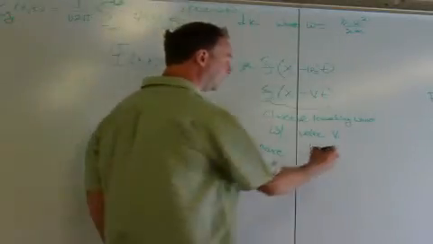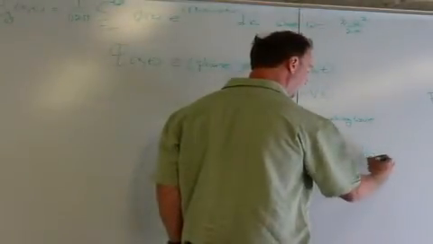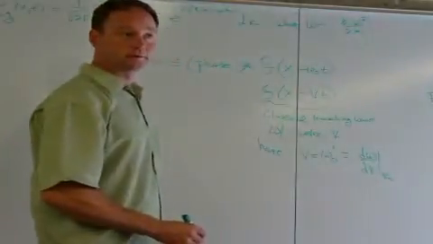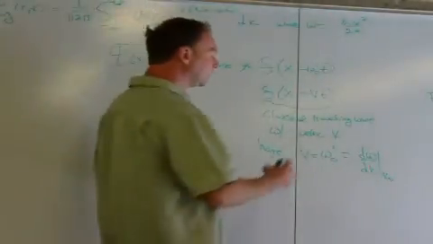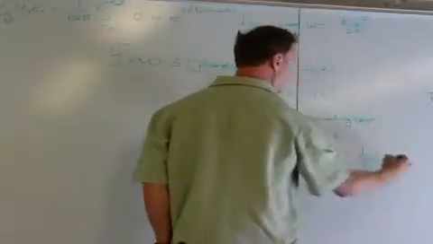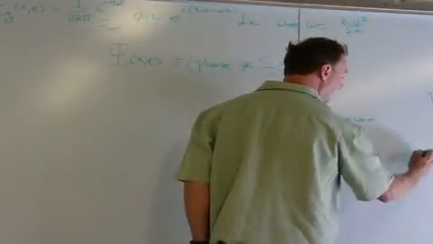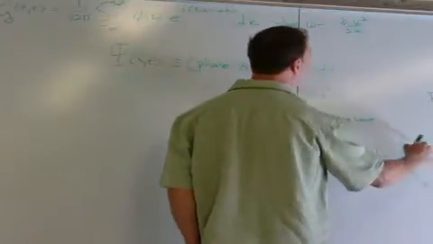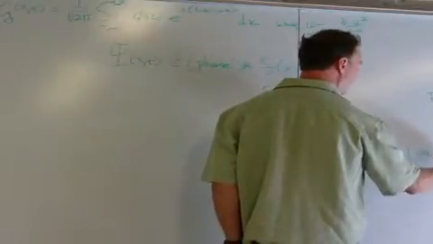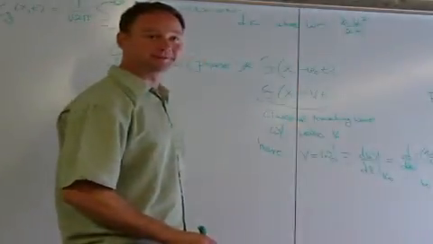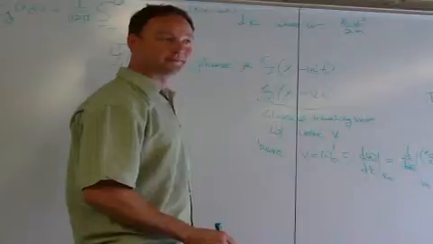Omega naught prime equals d omega dk, evaluated at k0. This equals d by dk, evaluated at k0, of omega, which is h bar k squared over 2m. So what does that equal? h bar k over m. Does anybody recognize that?